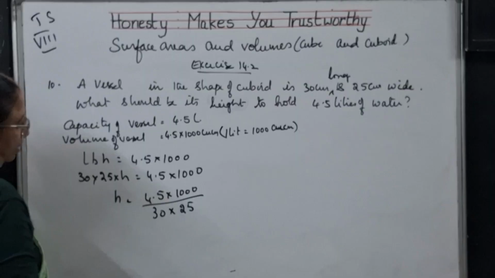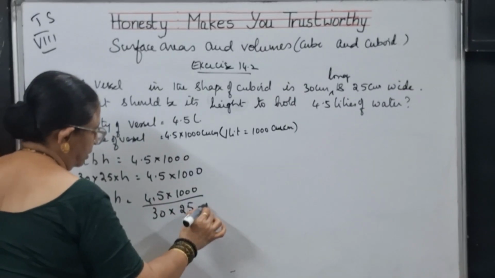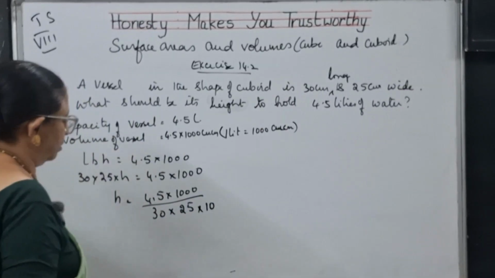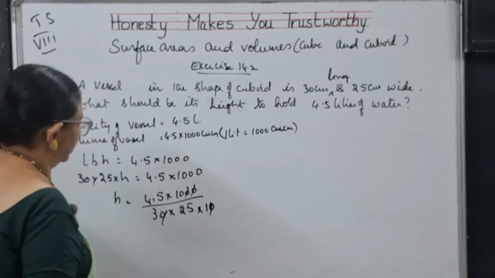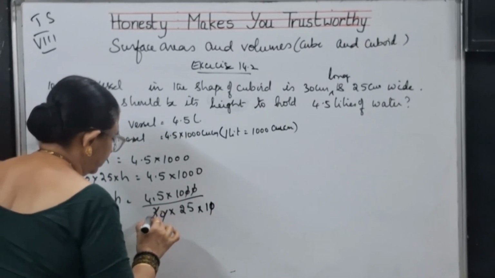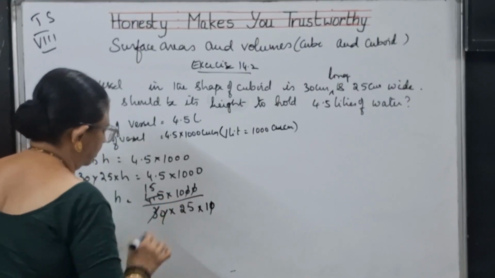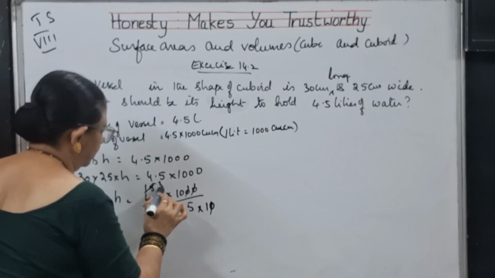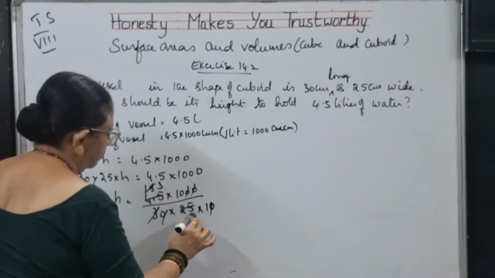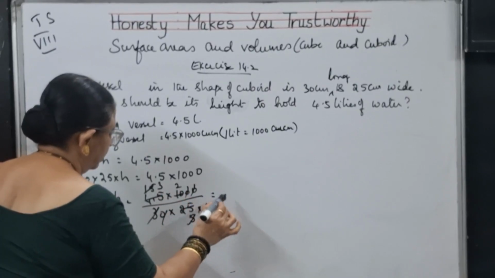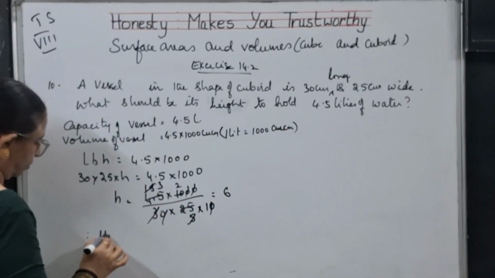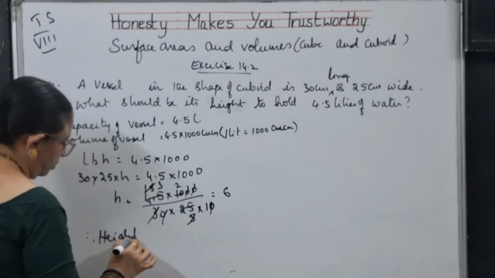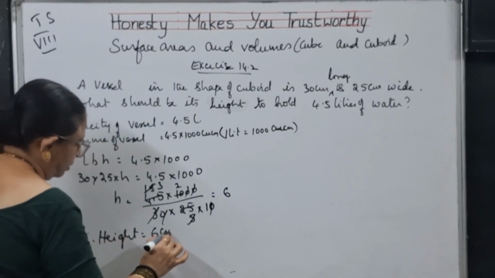As I said earlier, to remove this decimal, write 10 here. These two zeros will get cancelled. So 3 ones are 3, 3 fifteens are 45, and 5 threes are 15, 5 fives are 25, 5 ones are 5, 5 twos are 10. So 3 twos are 6. Therefore, height is equal to 6 centimeters.